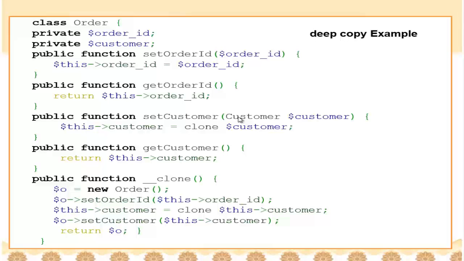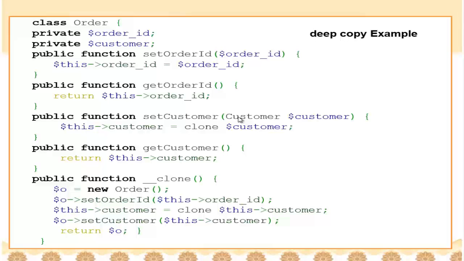If this customer again had one more object like an address object, you will have to do that thing. That is why it is called a deep copy. If an object references one more object, go to this object, make a copy of it. If this object has one more reference, copy that object too.